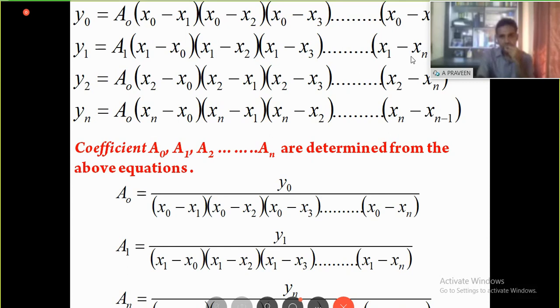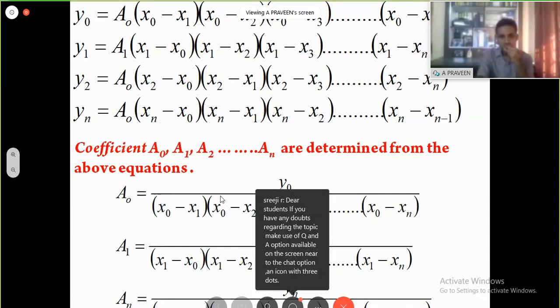So this entire term goes as a denominator to y1 to give you the value of a1. Likewise, it goes to an. So an equals yn divided by this entire term. You see how you get the coefficient. Now you got this coefficient.